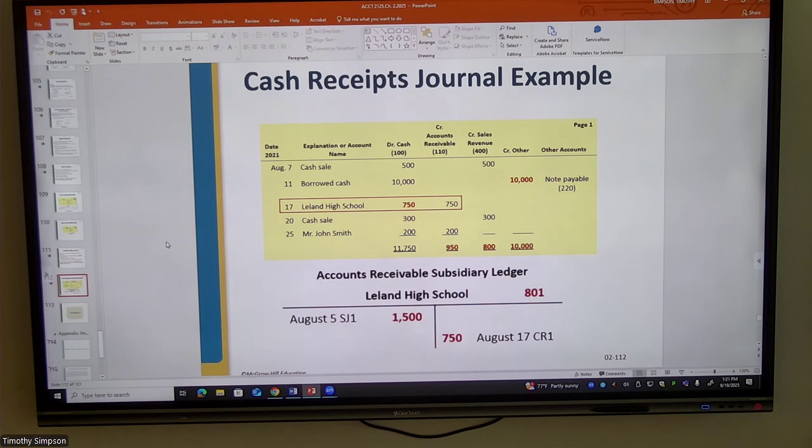In fact, bigger companies will have accounts receivable departments that really do very little other than simply post these transactions as they're received. Post them to customer accounts, maybe bill customers if there are late payments, maybe send reminder notices out, or maybe call customers up and say, hey, we need to be paid, whatever the case might be.